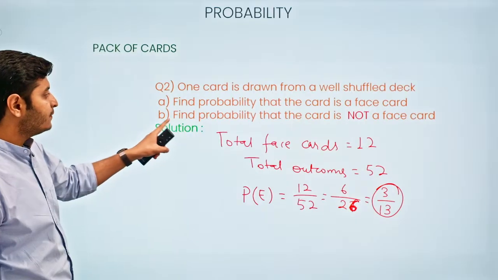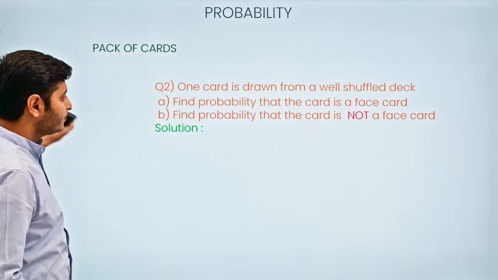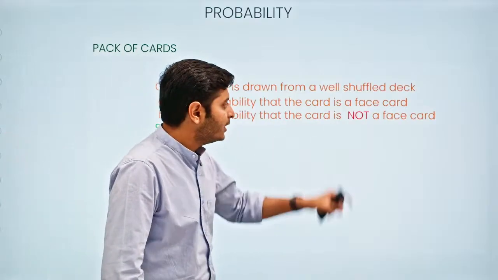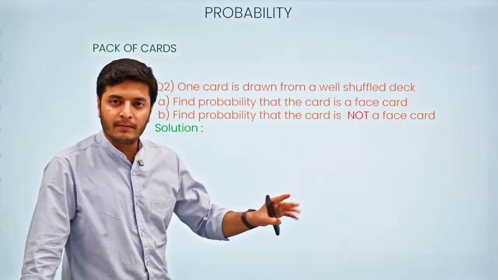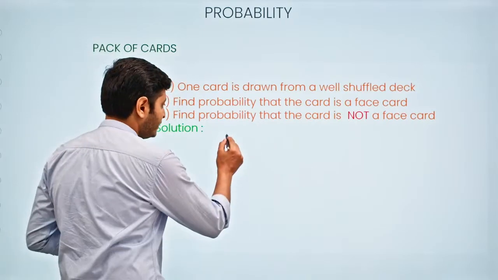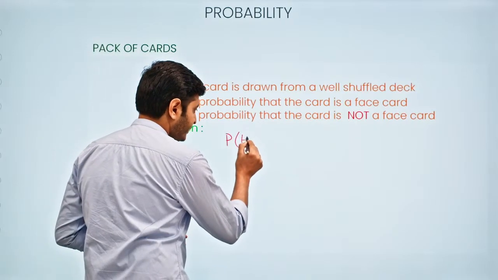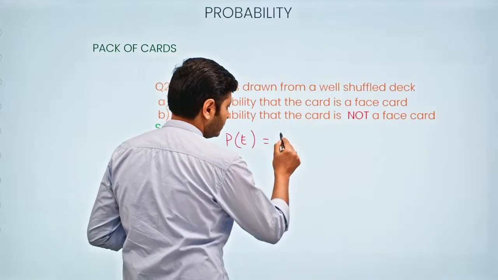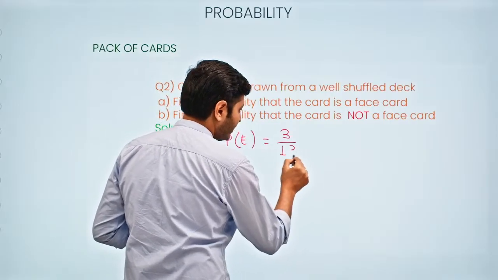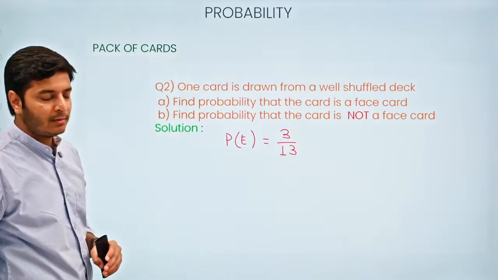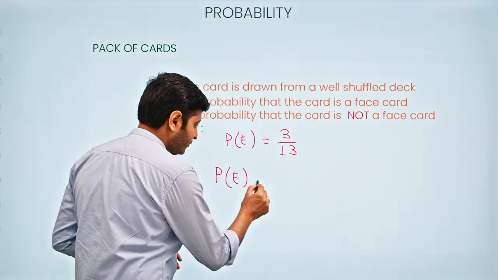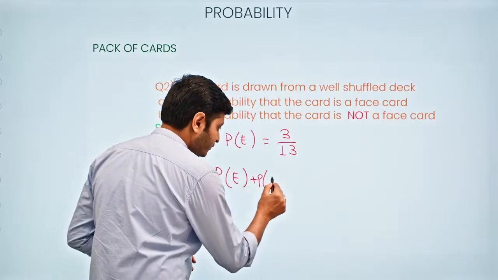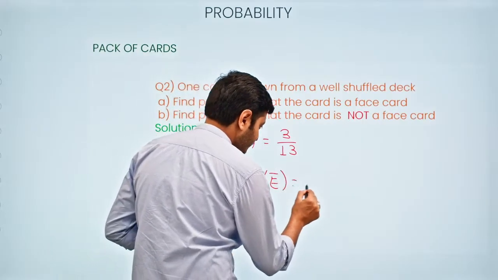Now the second part is to find the probability that the card is not a face card. So we have the probability of getting a face card, and that is P of E is 3 by 13. As I told you, according to our formula, P of E plus P of E bar is equal to 1.